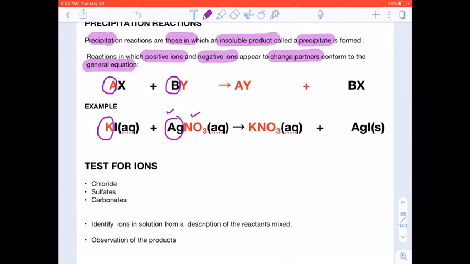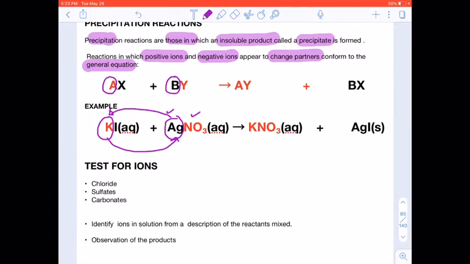So what in essence happened is the K plus exchanges with the Ag, and the Ag exchanges with the K. K's partner was I negative, and Ag's partner is the nitrate anion.